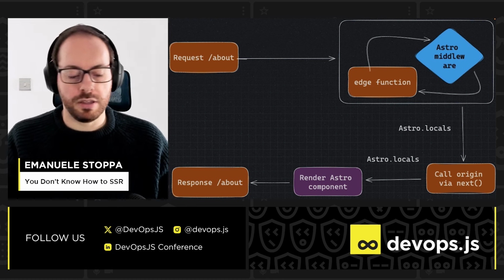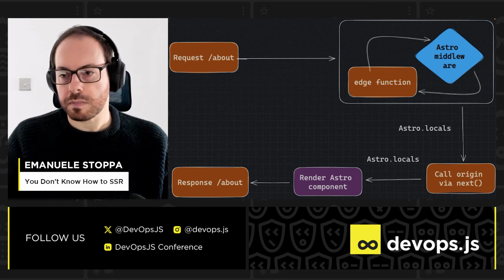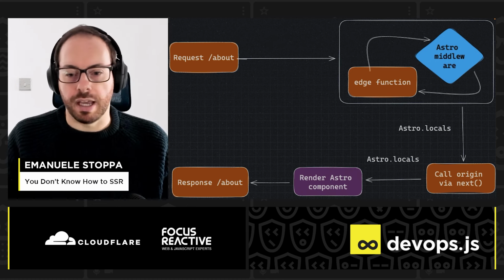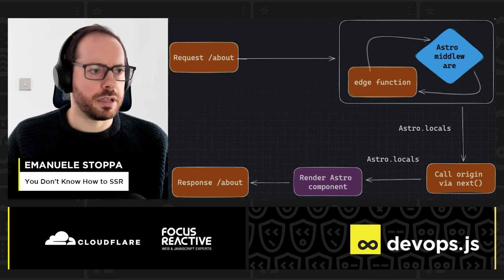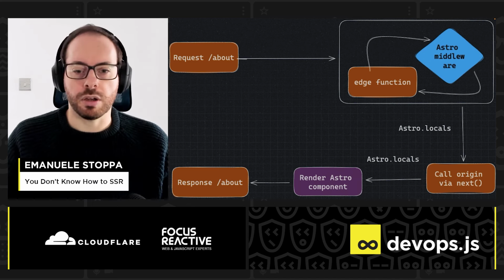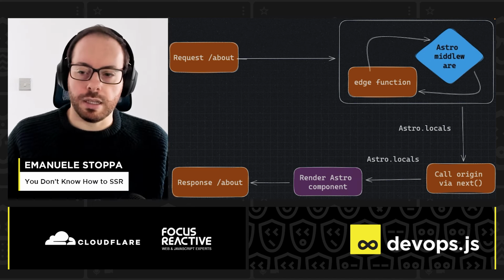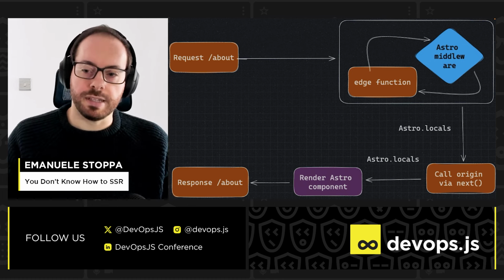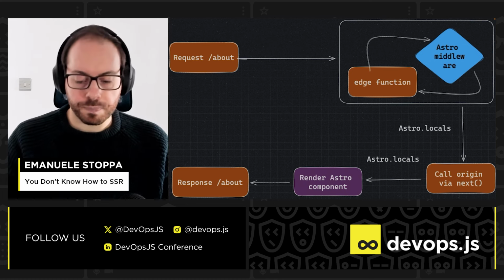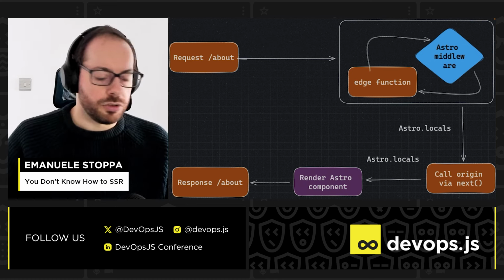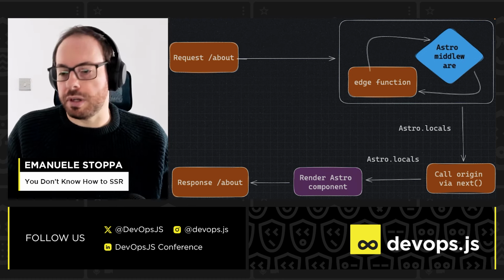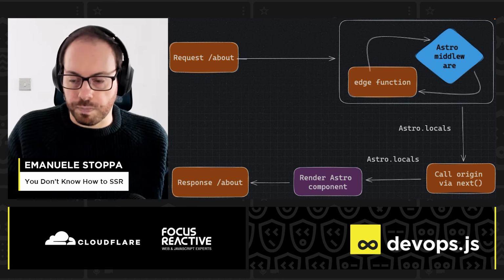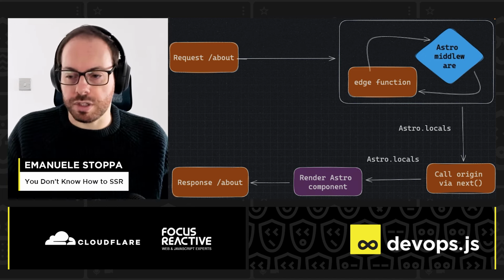How do we do that? This is platform specific. In Vercel, you have a next function, and in Netlify, for example, you can also call next. Or in Vercel, you can make a fetch call to the origin. The origin is the actual file that renders your page, your component, anything that returns some HTML.